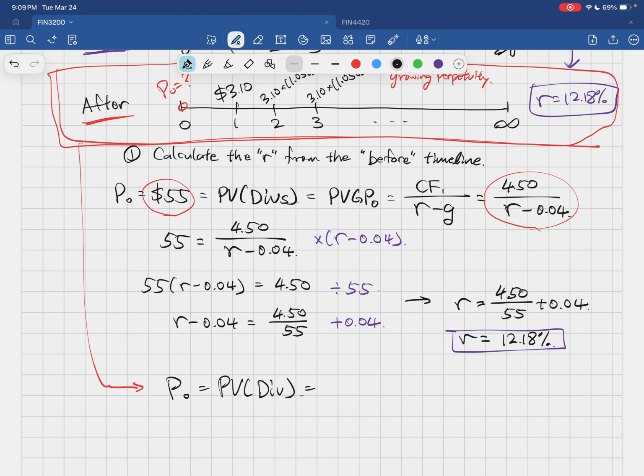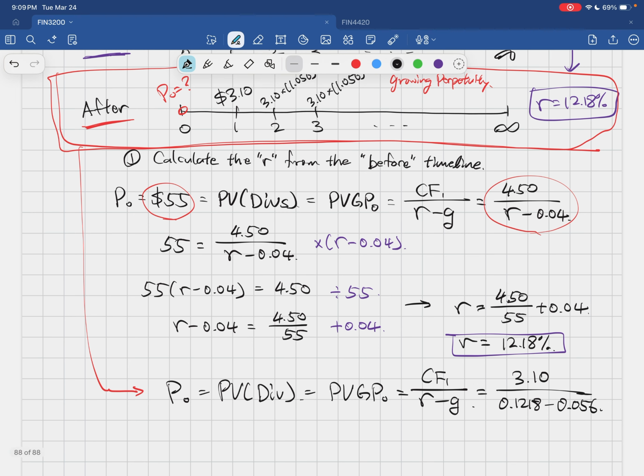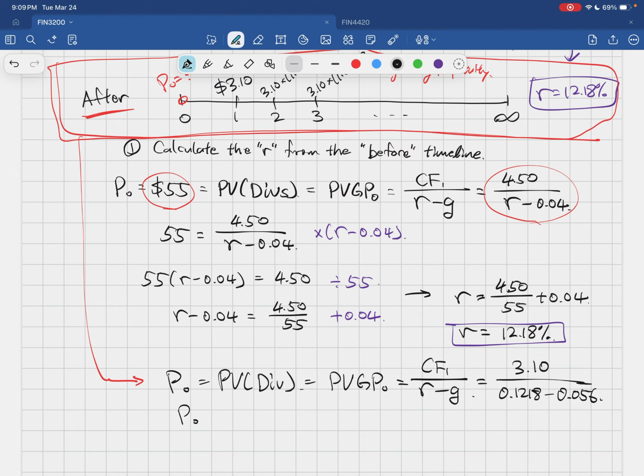And it just happens that we have another growing perpetuity. PVGP as of time 0 is the cash flow that occurs in year 1 over R minus G. The cash flow is 3.1. R is 12.18. And the new G is 5.6%. So if you do the math, the new P0 is $47.10.